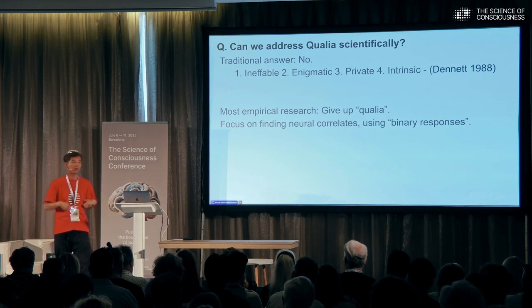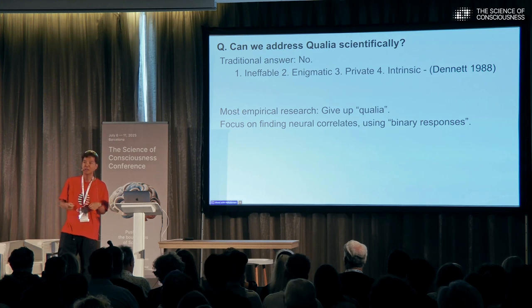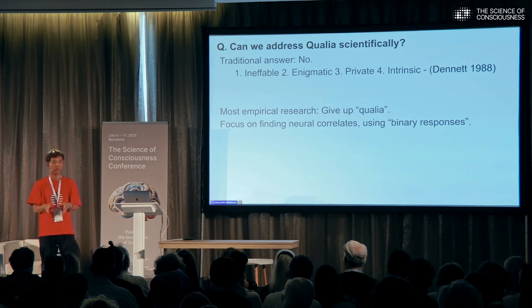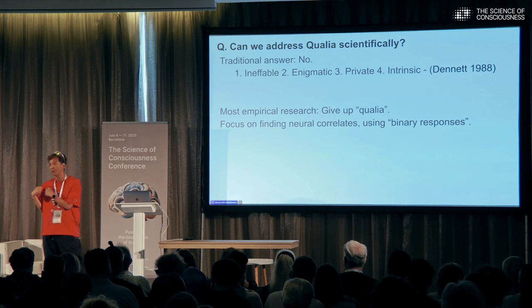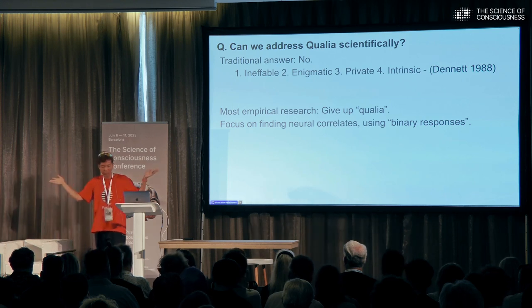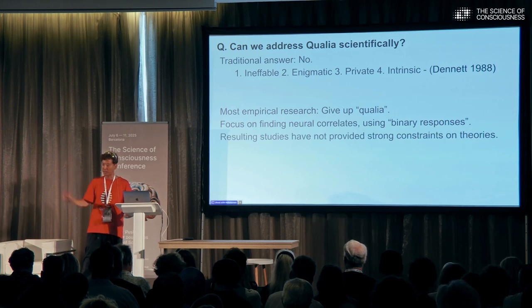Instead of asking the quality of the experience per se, you first ask, did you see that or not? Detection paradigm, masking paradigm, invisibility paradigm. Or do you think this is red or orange? Discrimination, detection, and this kind of stuff mostly explains 80 or 90% of the neuroscience of consciousness.